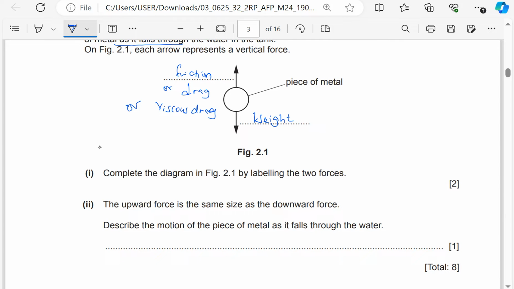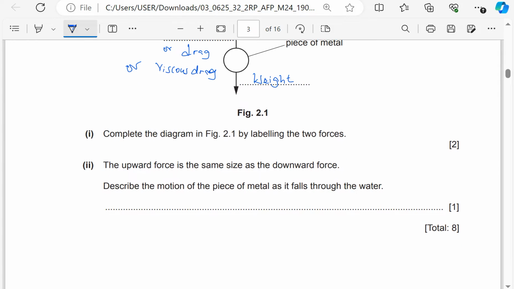The upward force is the same size as the downward force. That means the friction is equal to the weight. Describe the motion of the piece of metal as it falls through the water. If the forces are equal but opposite, then the resultant force is equal to 0. The acceleration is going to be 0. The speed is going to be constant.